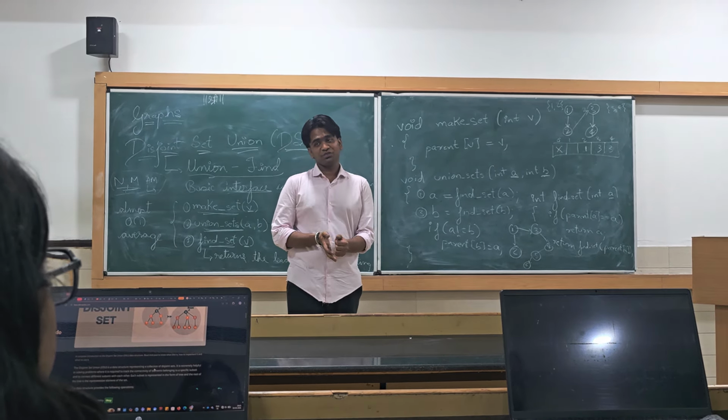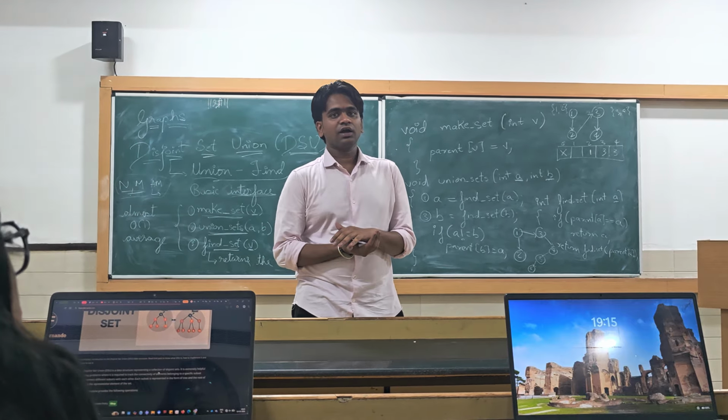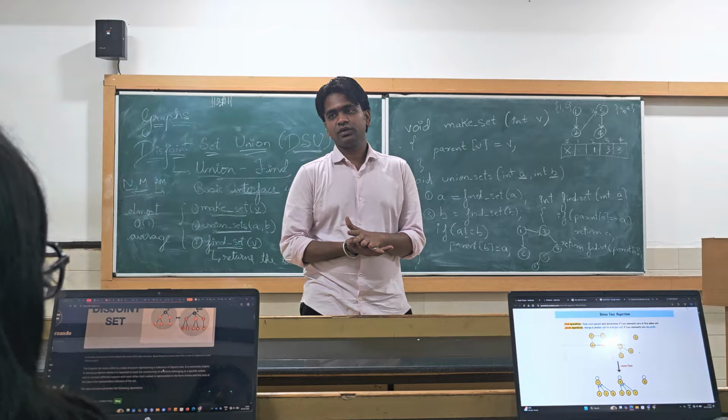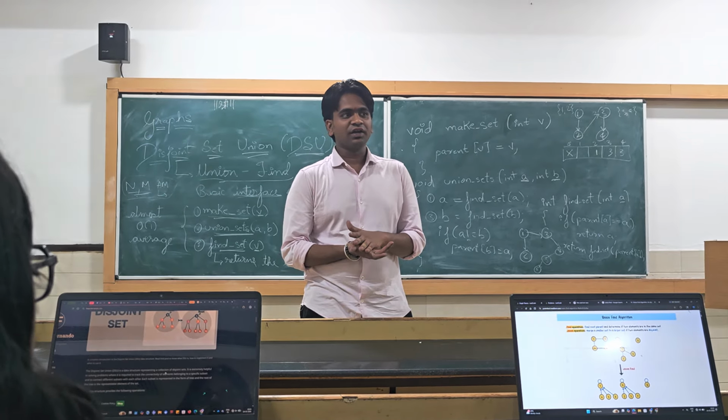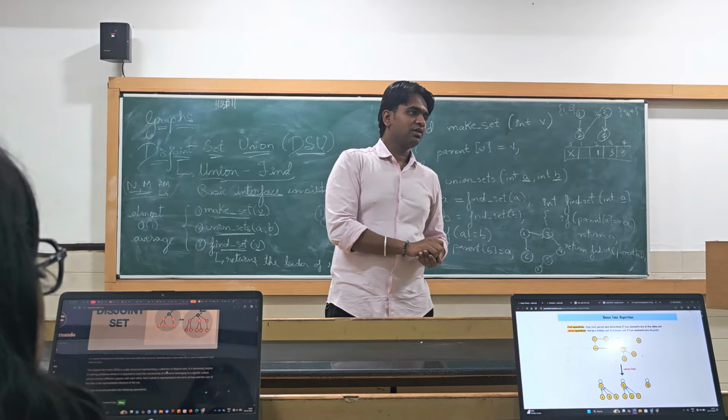This is what union find is, right? Once you understand it, now graph will become way more easier for you. मतलब you will realize कि let's say दो strongly connected components को join करना है, क्या करोगे आप?